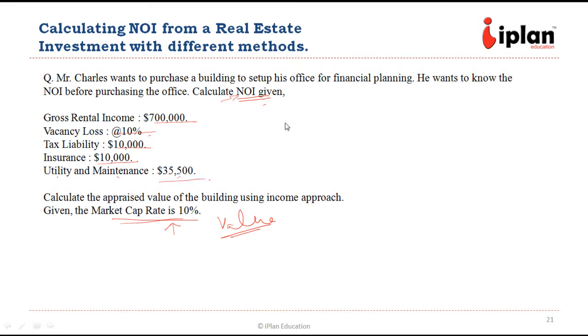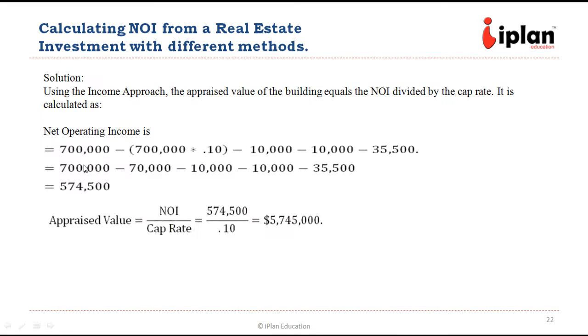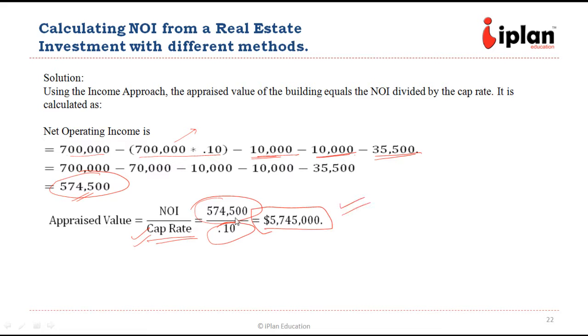So we have already calculated based on them what the NOI is, which was 700,000 minus the occupancy loss or vacancy loss, then the insurance cost, the tax cost, and utility and maintenance cost. So all of them have to be subtracted. So we get this much net operating income, and the market cap rate is already given. So we can divide the net operating income by the market cap rate and find out the appraised value of the property, which is 10 times.